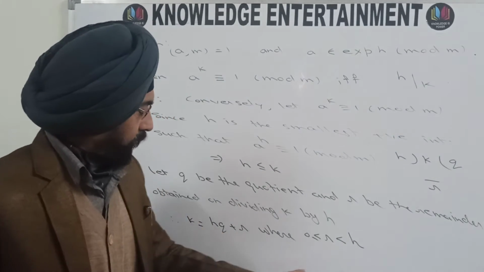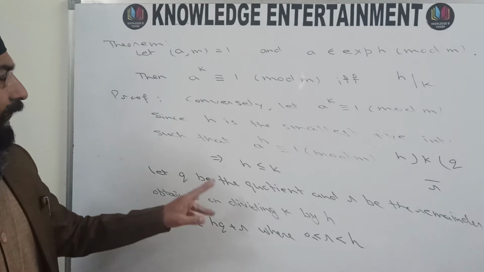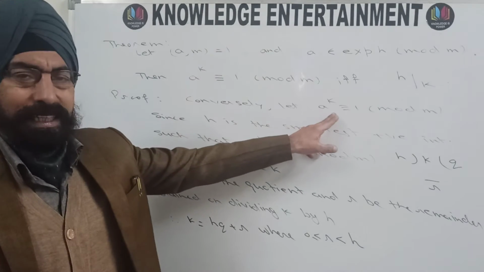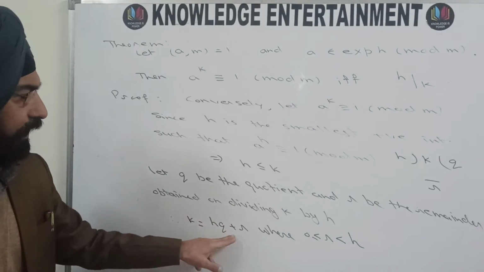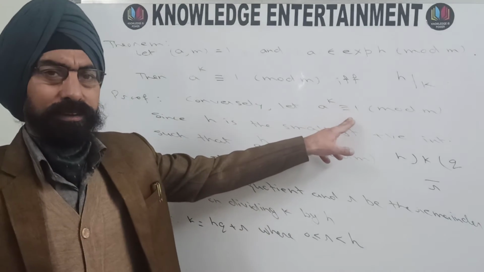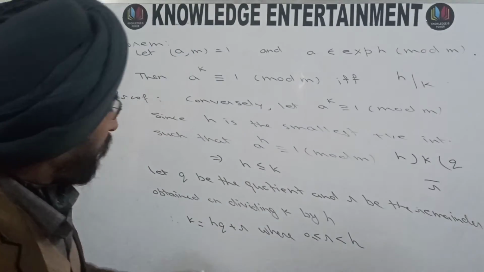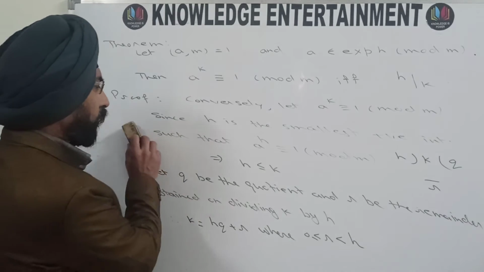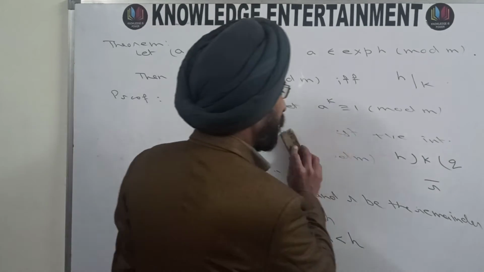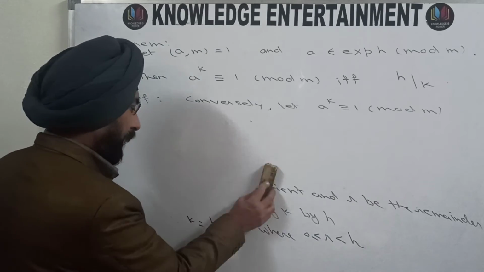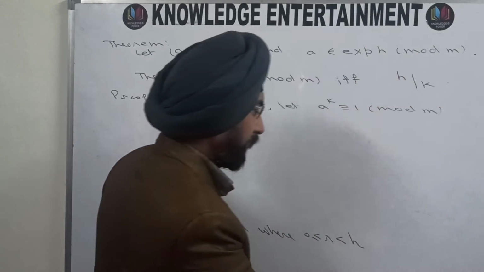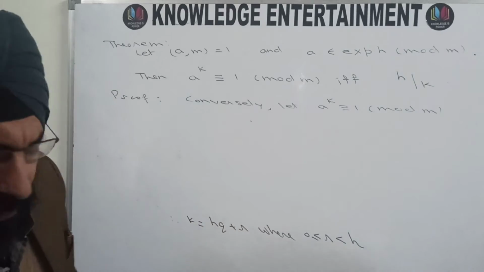Okay, so this is given to us now. Also, we are given that a power k is congruent to 1. So substitute the value k equal to hq plus r into this equation. I am going to rub this portion because I will not need it now; the last line I am keeping because I will need it.